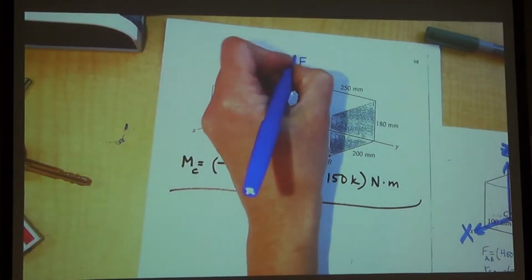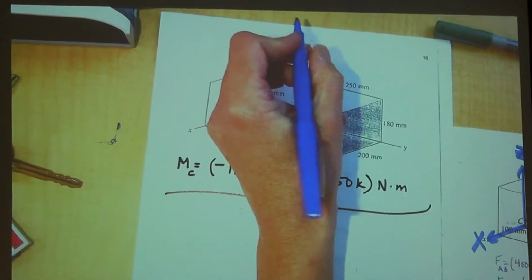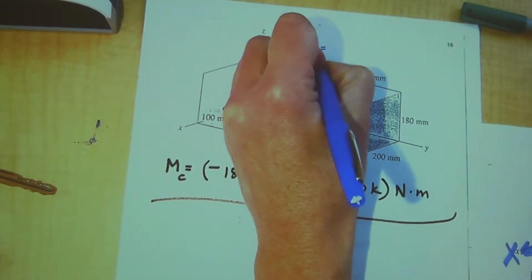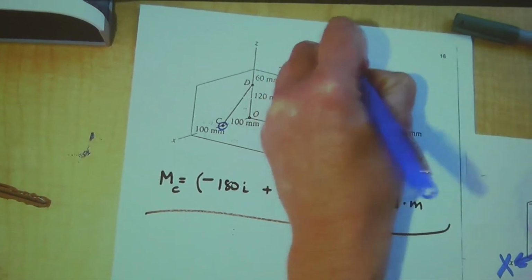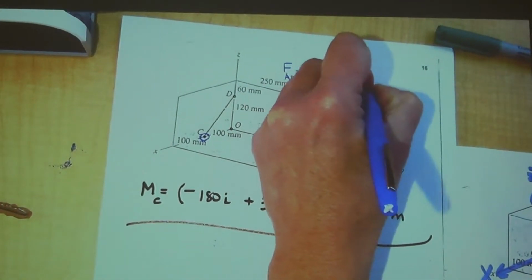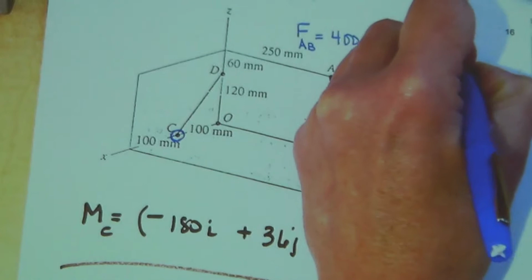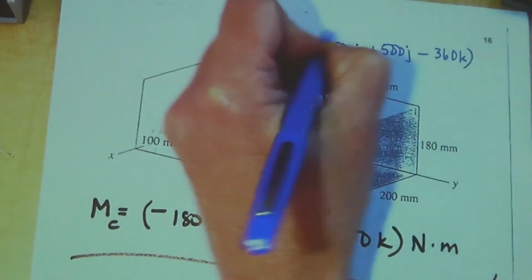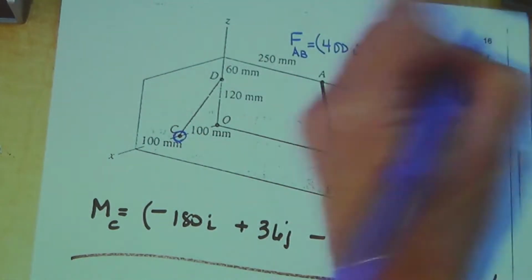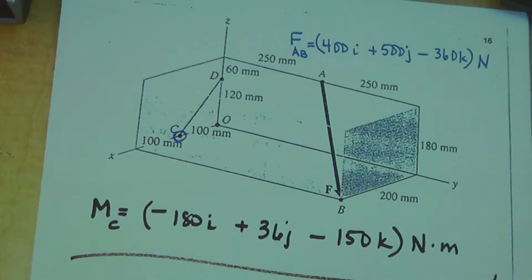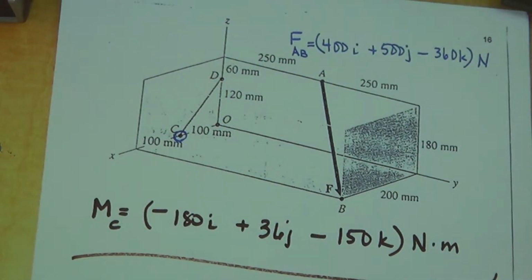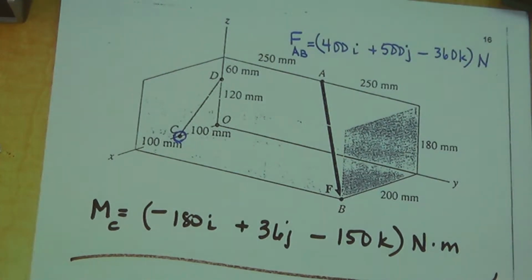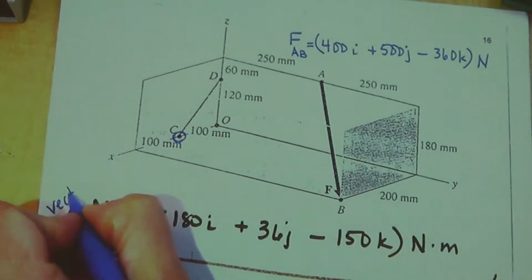So the force vector AB was 400i plus 500j minus 360k. So we already solved for the force vector. We already solved for the moment vectorially. Let me write that down.